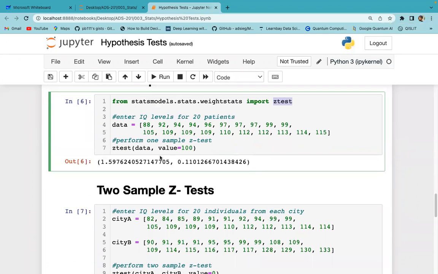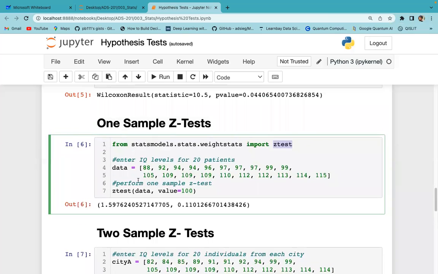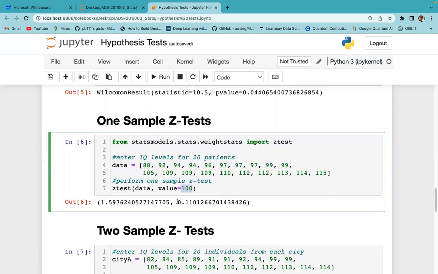For example, this is my data, so you have to provide the data and your constant value. I would like to compare the population mean with this particular value. If the p-value is greater than 0.05, that means my population mean is equal to 100.